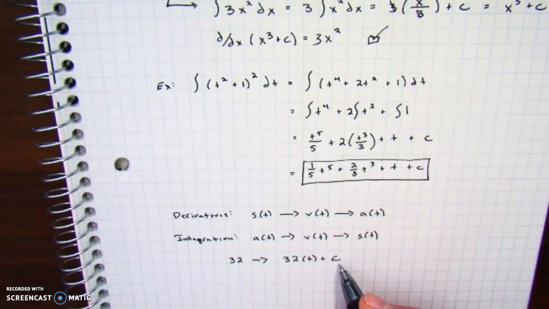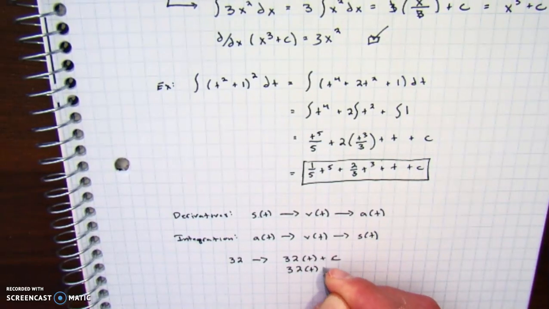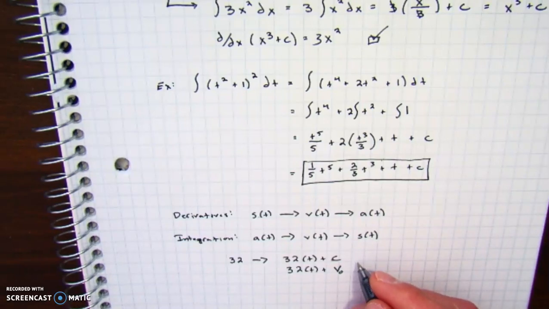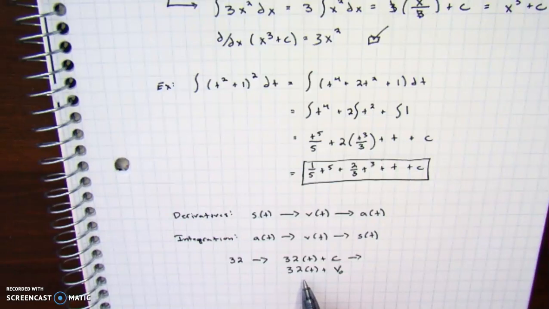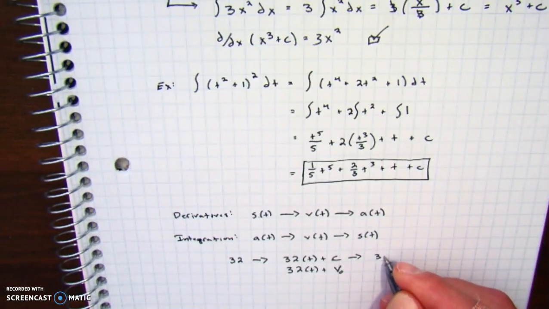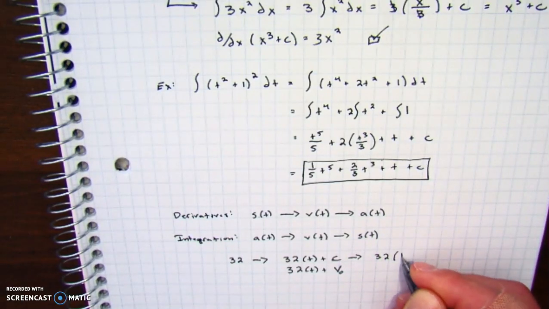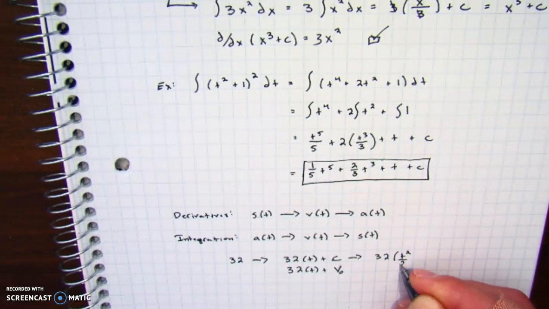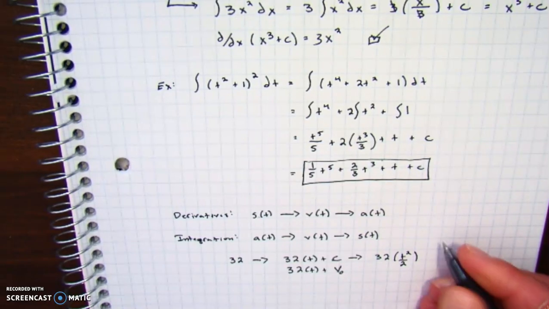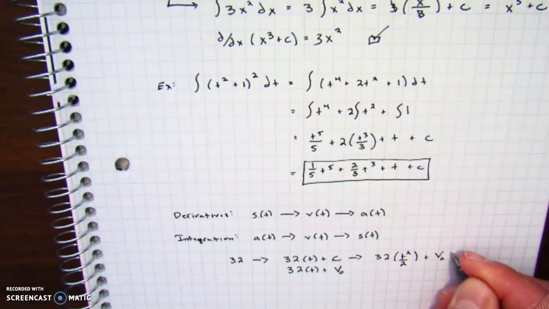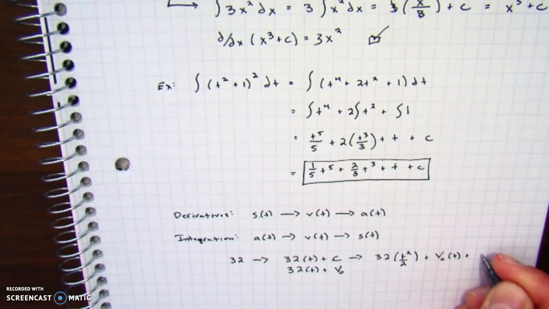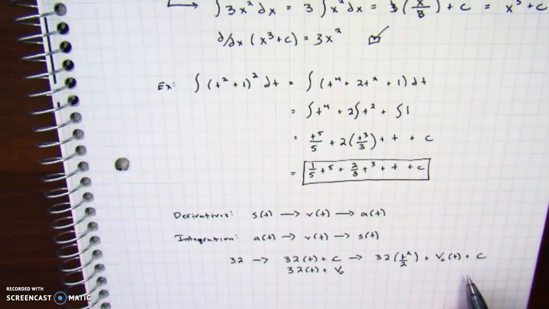This c right here, well, remember there's a constant, so I'm just going to go ahead and say that's going to be my initial velocity. So then if I took the integral of this, I'm going to get 32 times t squared over 2 plus v naught t plus, don't forget that constant.